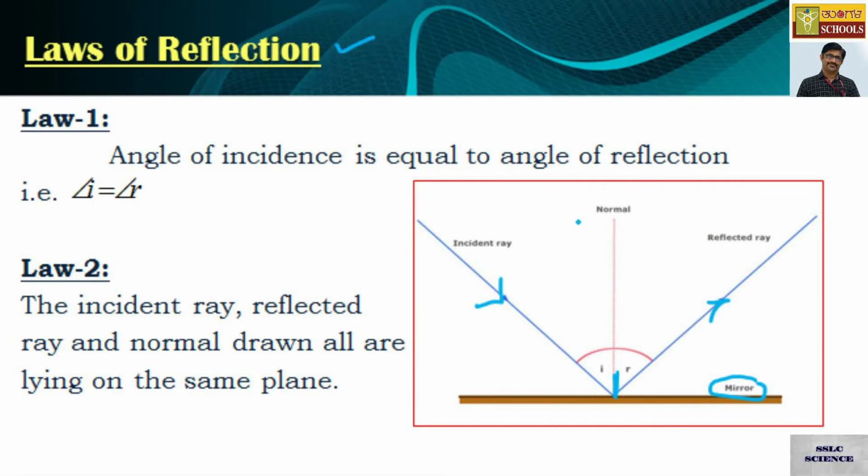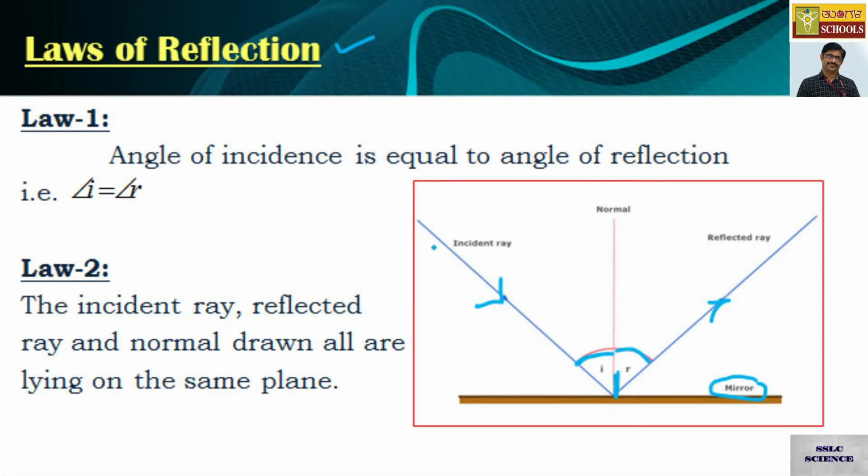Law number 1 states that the angle of incidence I, the angle between the incident ray and the normal drawn, has to be equal to the angle of reflection R, the angle between the normal and the reflected ray.